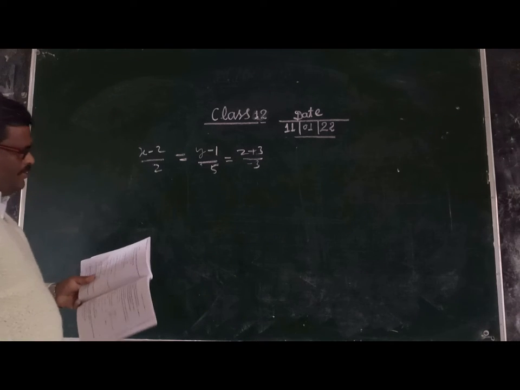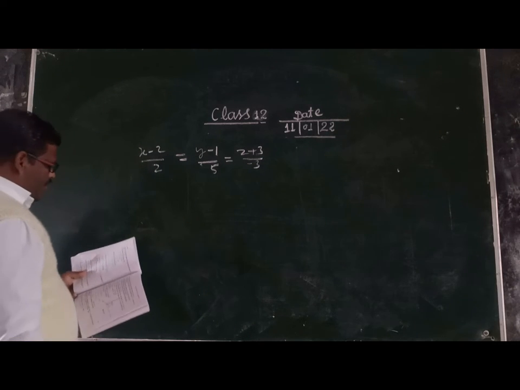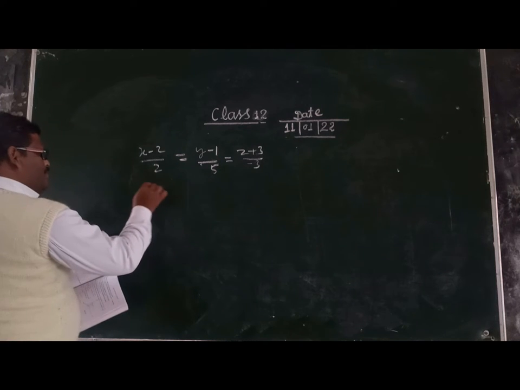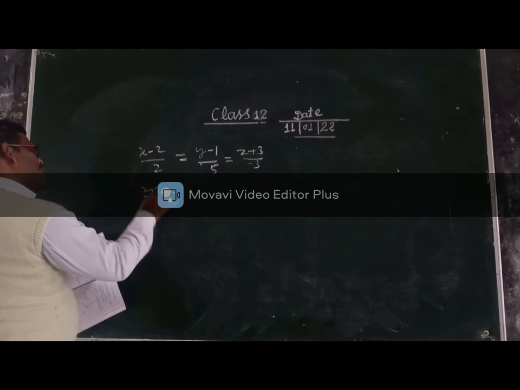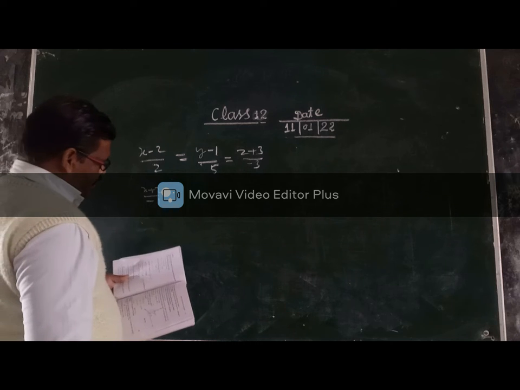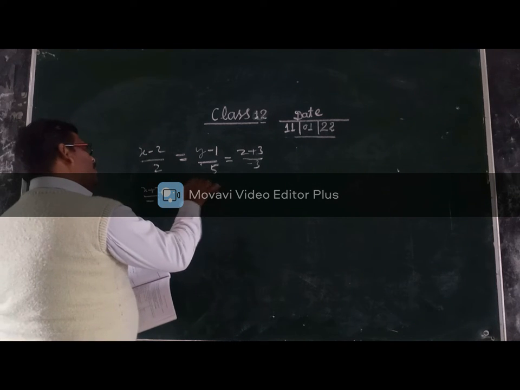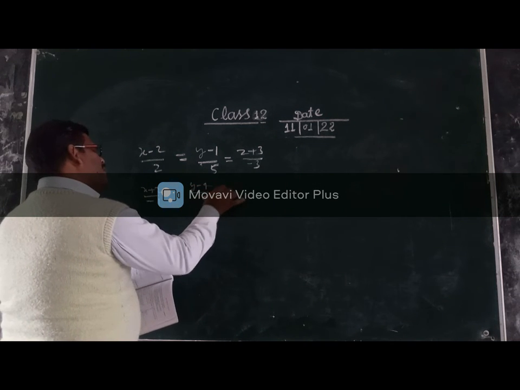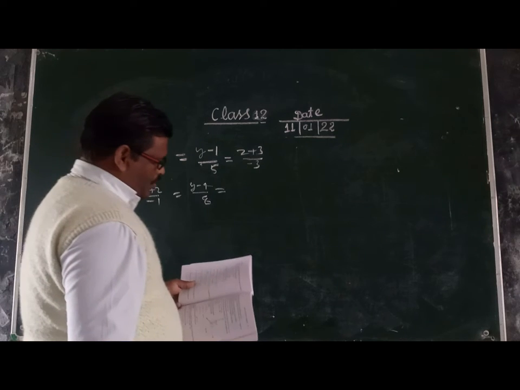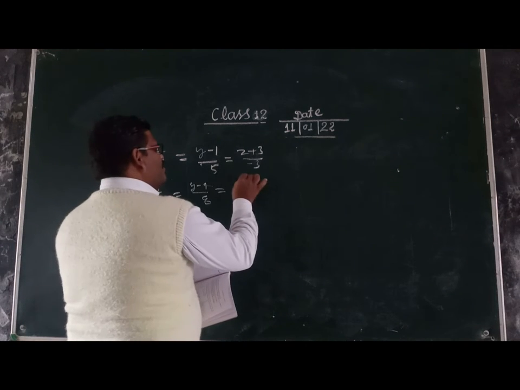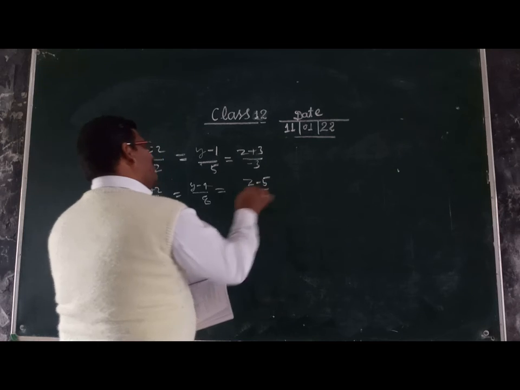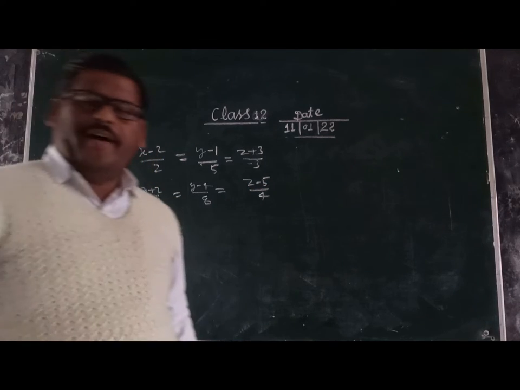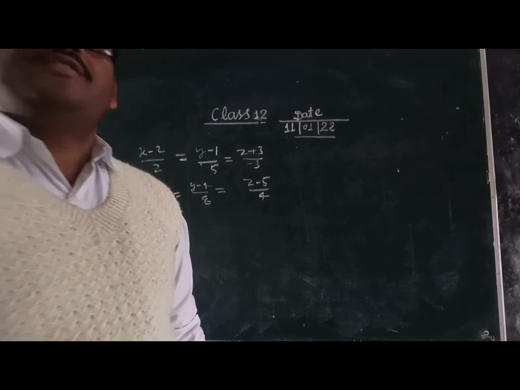And the second equation is (x plus 2) by minus 1, (y minus 4) by 8 is equal to (z minus 5) by 4. Now find the shortest distance between these lines.